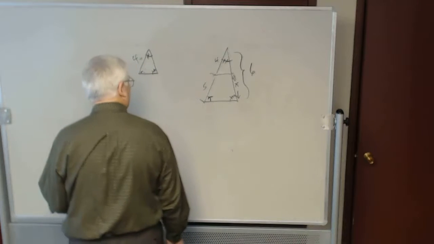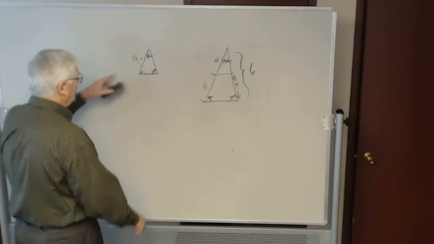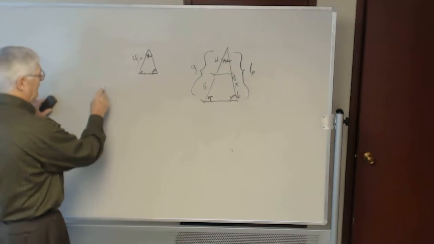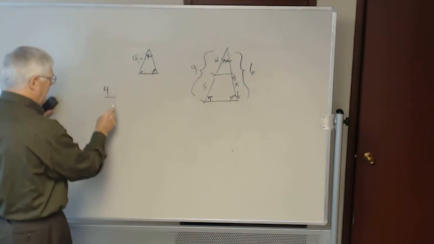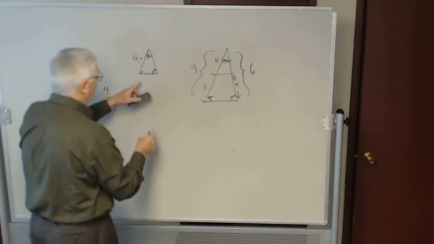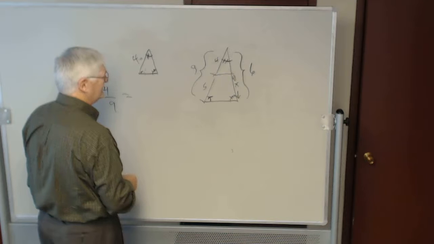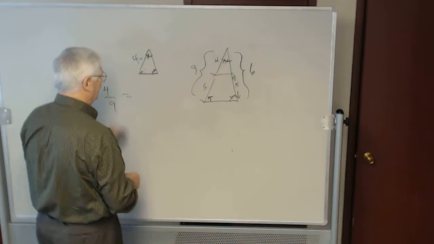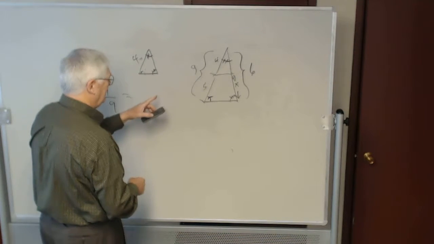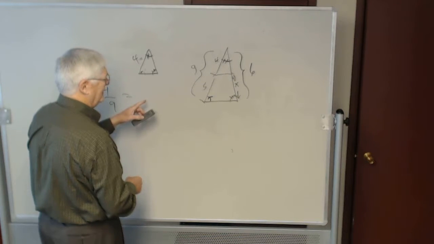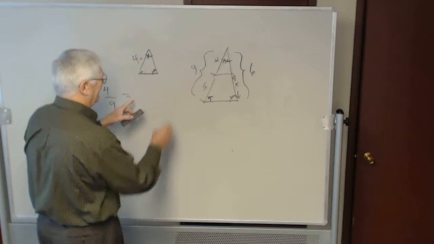So what do we say? 4 over all of this, that would be 9, wouldn't it? 4 over 9 would equal, oh yeah, this up here.